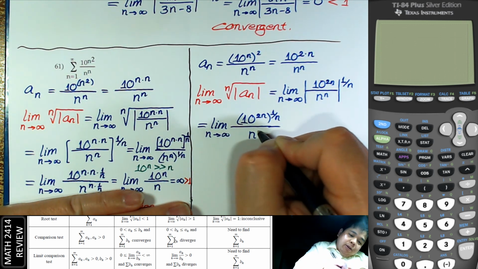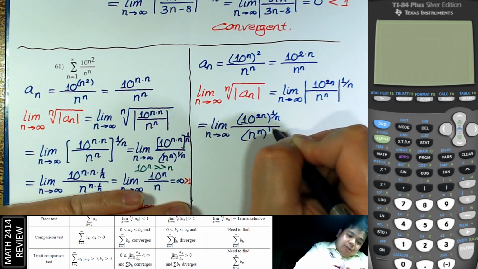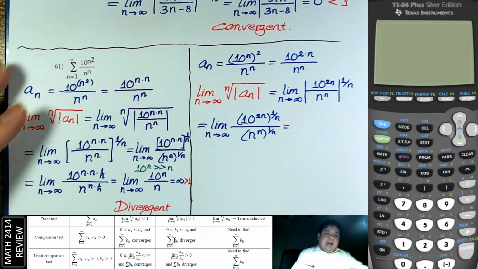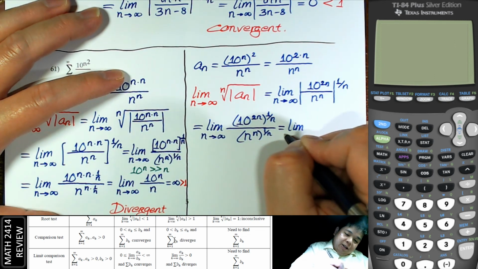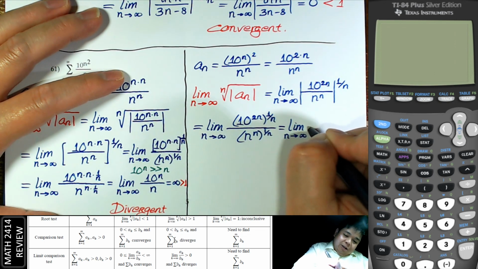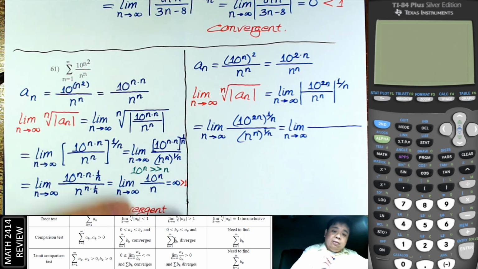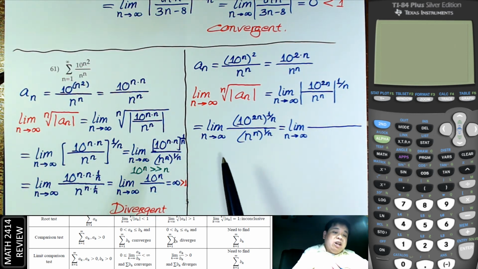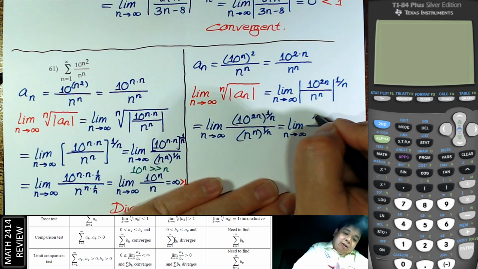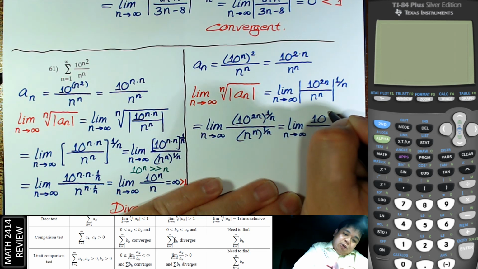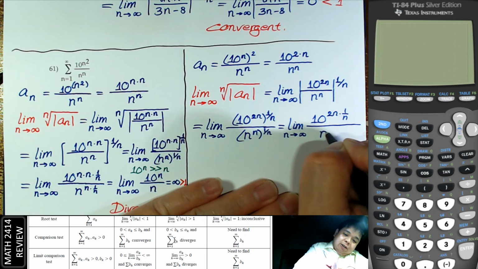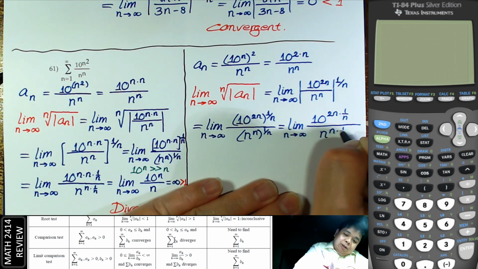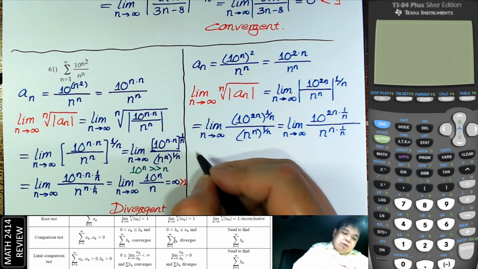And go to the bottom. And power to another power, we multiply the powers together. Like I said, the absolute values we don't really need because all of them are positive. 10 to the 2n times 1 over n.